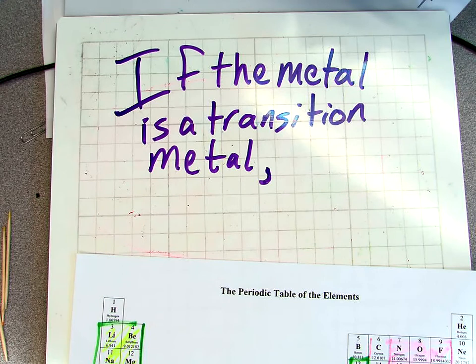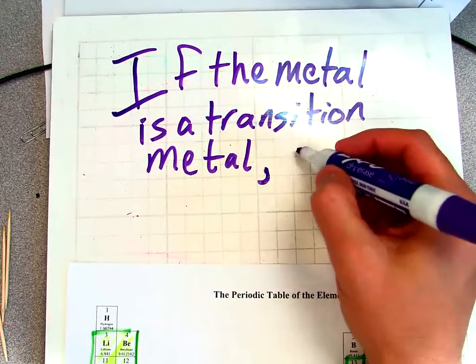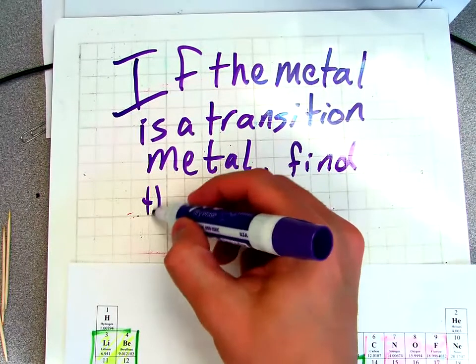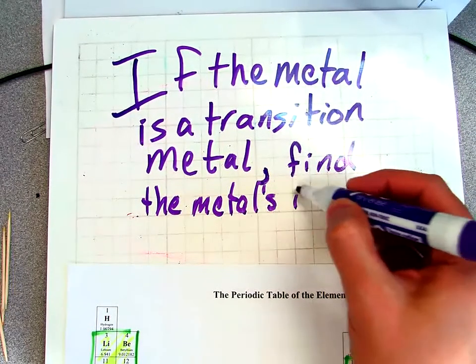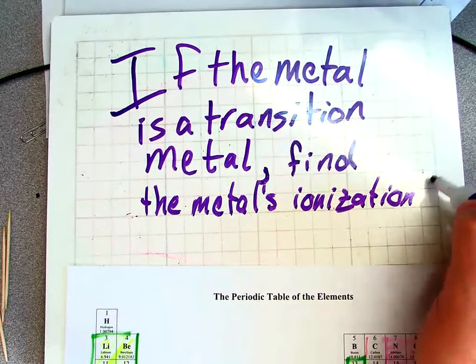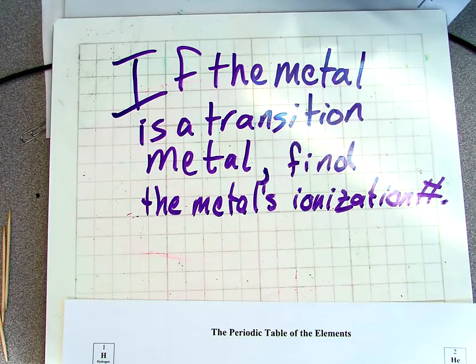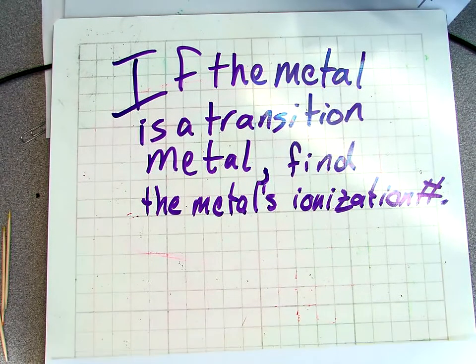So what you have to do is you have to find the metal's ionization number. So to do that, you have to know what the formula is.